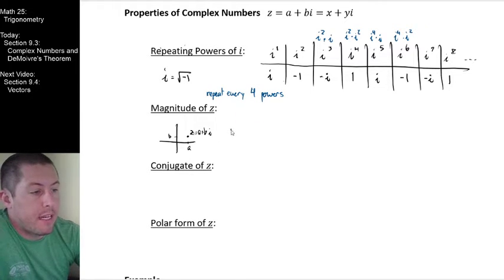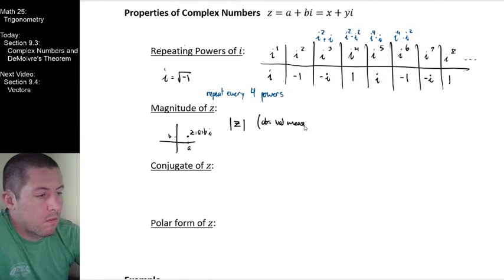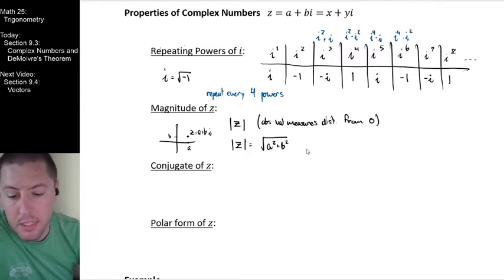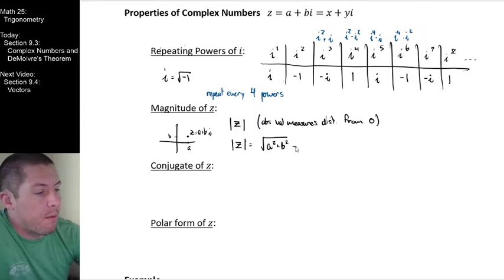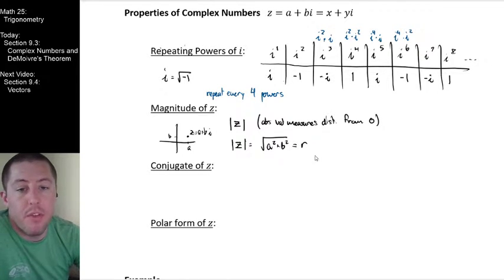This is typically indicated as the absolute value of z, because absolute value measures distance from 0. How far are we from 0 here? Well, we know this from our polar stuff last week. We should be the square root of a squared plus b squared units away from 0. Occasionally, this is written as r.